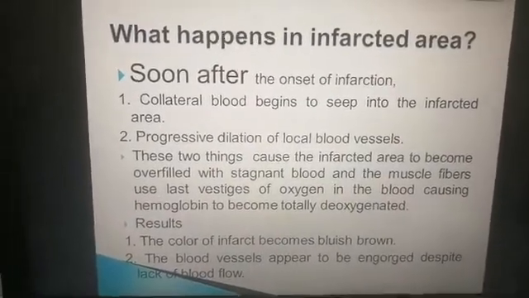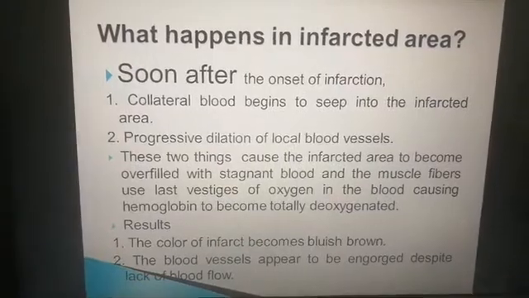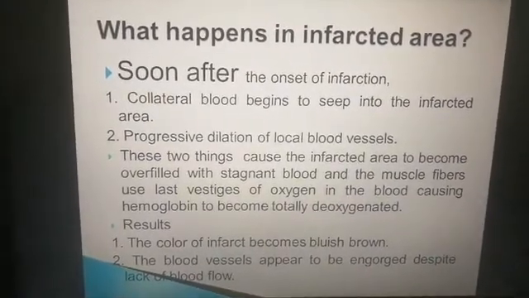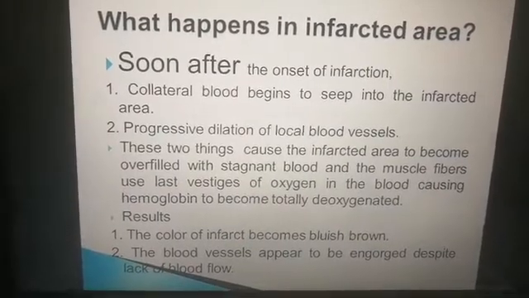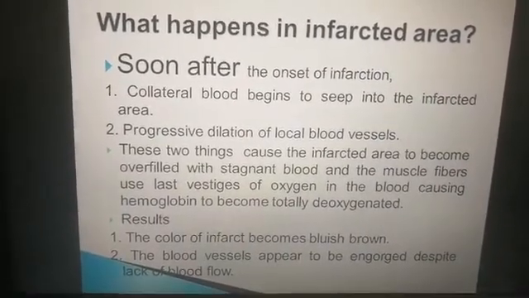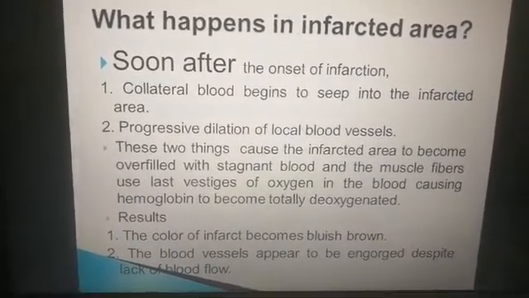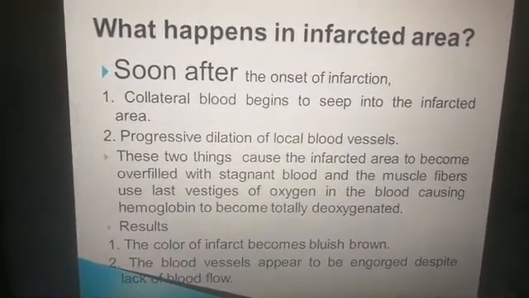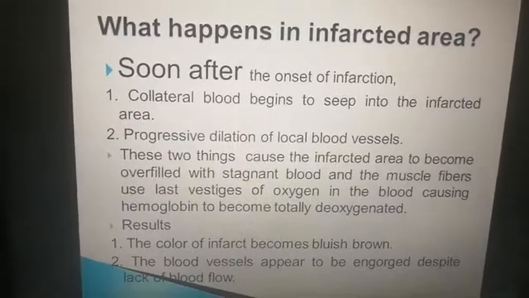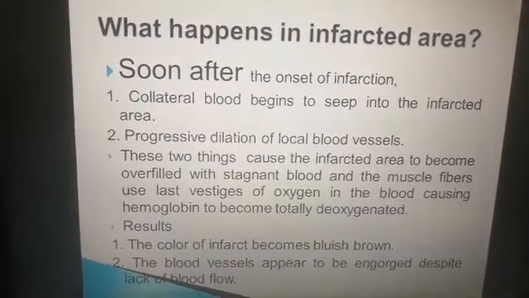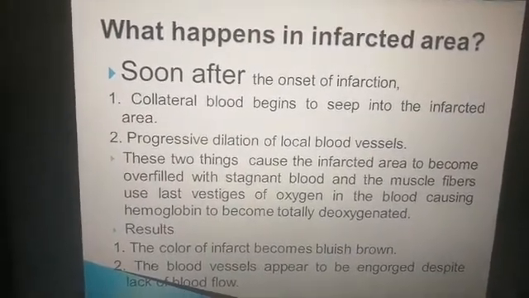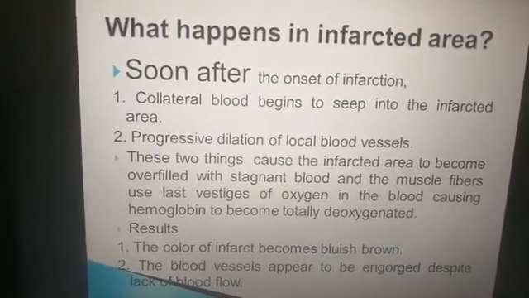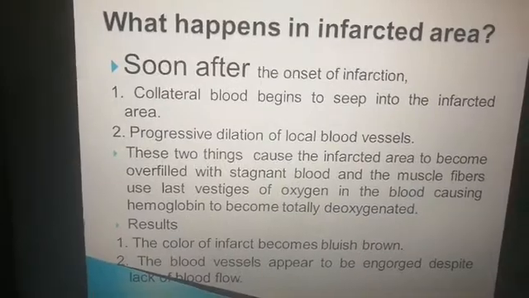What happens in the infarcted area? Soon after the onset of infarction, collateral blood begins to seep into the infarcted area, and there is progressive dilation of local blood vessels. As a result of these two effects, there is overfilling of the infarcted area with stagnant blood, and the muscle fibers use the last vestiges of oxygen in the blood, causing hemoglobin to become totally deoxygenated.